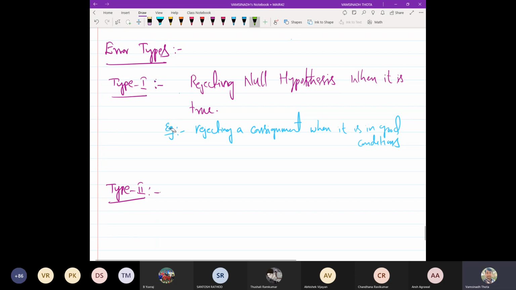Rejecting a consignment when it is in good condition, who will be at a loss? Manufacturer or customer? No comments.